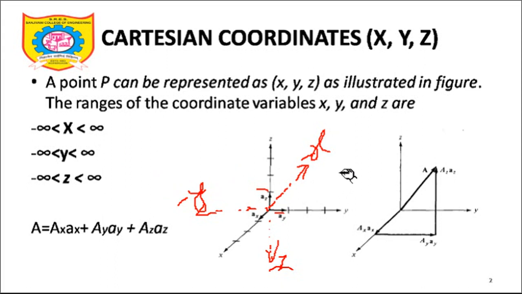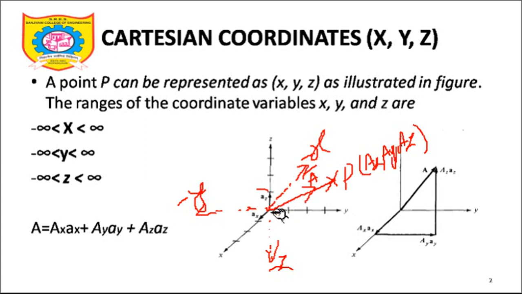So if a point P is given to me, which is having the coordinates Ax comma Ay comma Az, now if someone asks me what will be the position vector of this point P, if I call this particular vector as vector A bar, and someone asks me what will be the coefficient, so it will be Ax minus 0 ax bar.